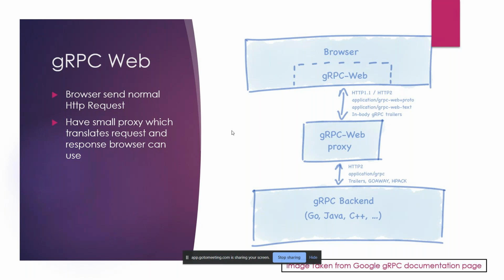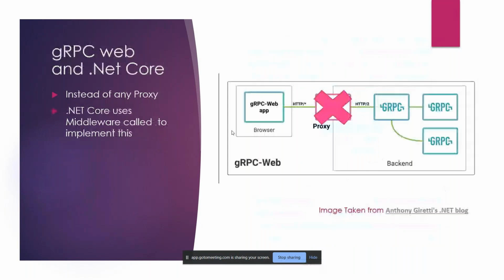There are some proxies like Envoy or HAProxy. There are some grpc web proxy services which are used. But in the case of .NET Core, instead of any proxy, we use a middleware which is app.UseGrpcWeb.